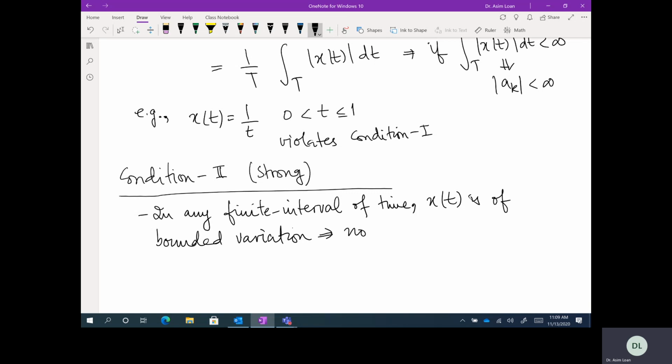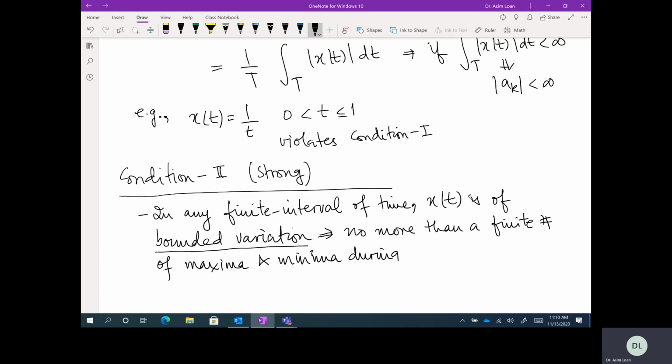So what does bounded variation mean? It means no more than a finite number of maxima and minima during any period.